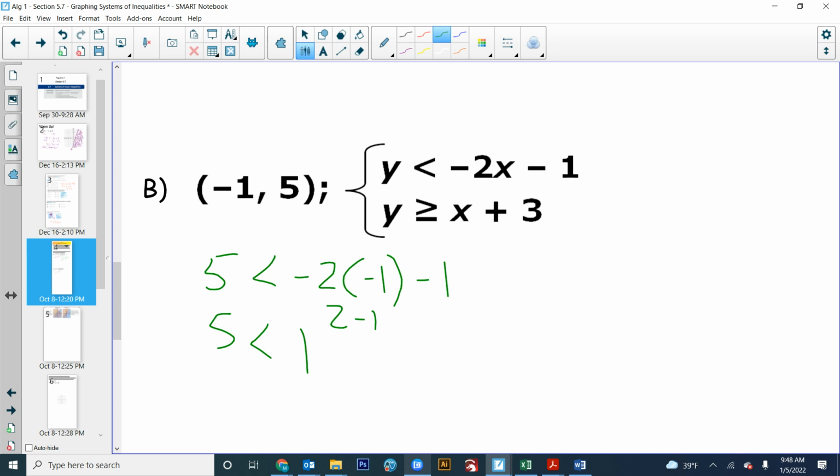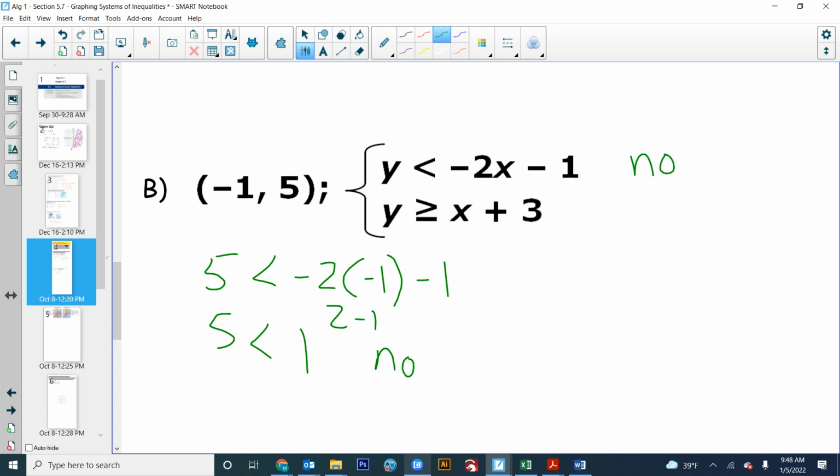Is that true? No. Now, guys, if this was a quiz or a test, I would just look at it again since I got no in the first one. Is there any point of me plugging that point in the second one? No. So just put no, it's not a solution.